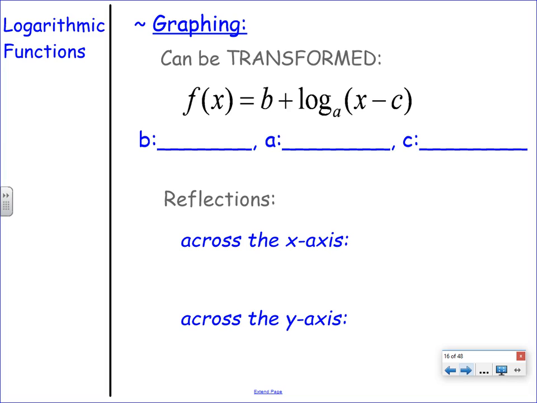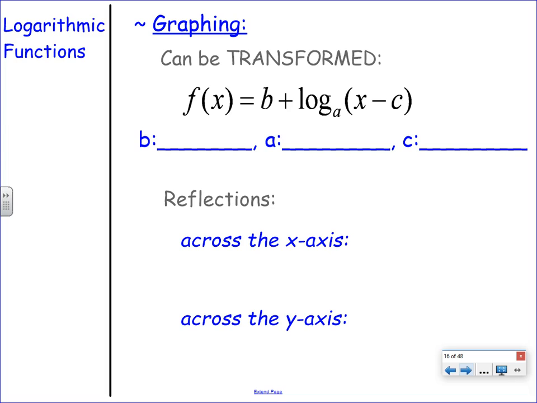As you are writing, there's a plus b on the outside. What's that mean? Vertical. If it's outside, it's vertical.